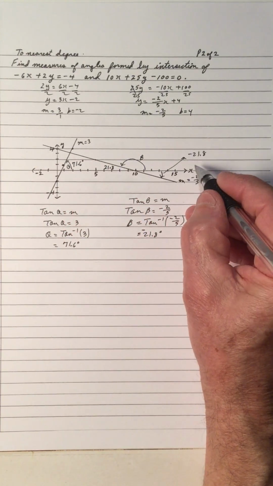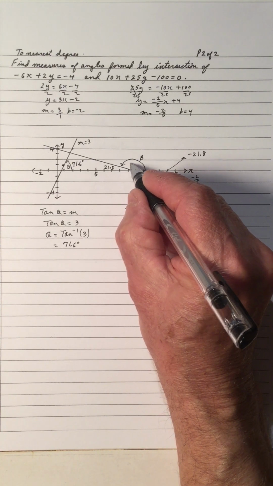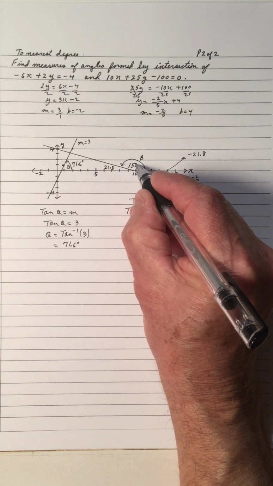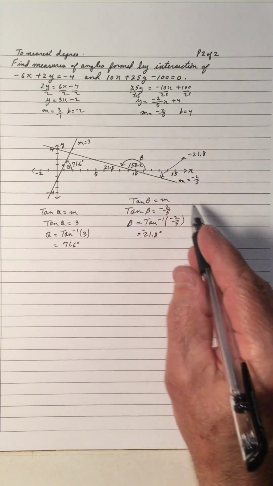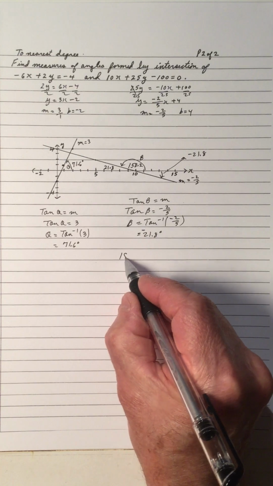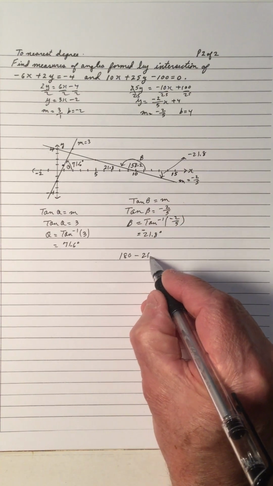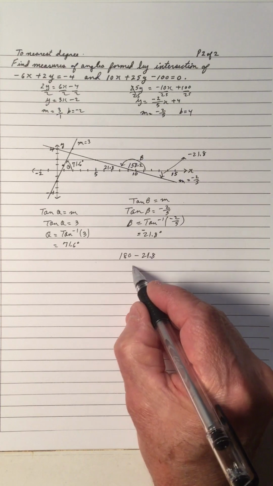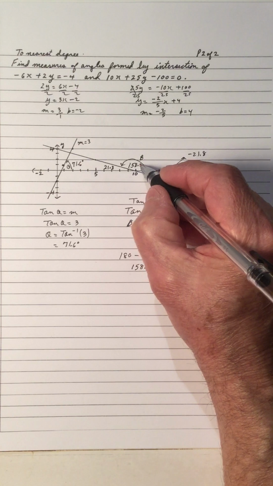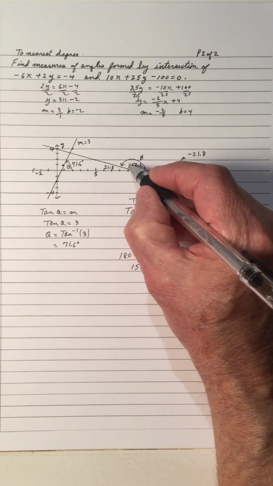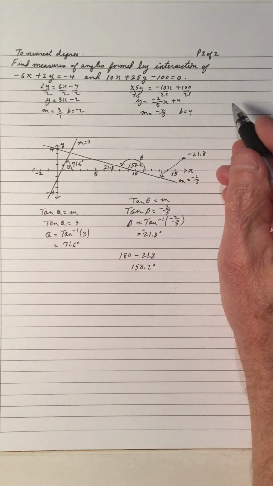Or I can copy the angle of inclination here and make this angle 158.2. So 180 subtract 21.8 is 158.2. So this angle here, the angle of inclination, is 158.2. So two ways to go.